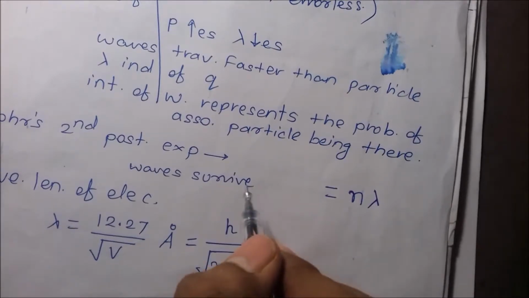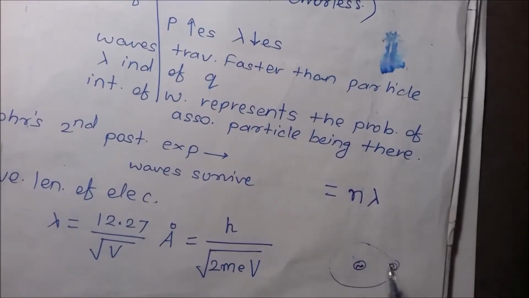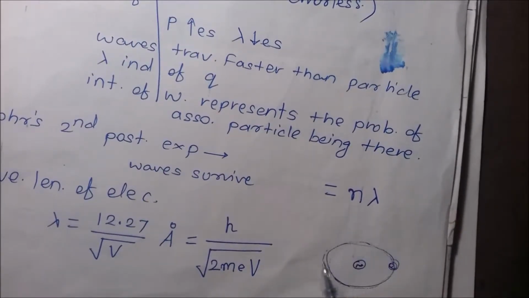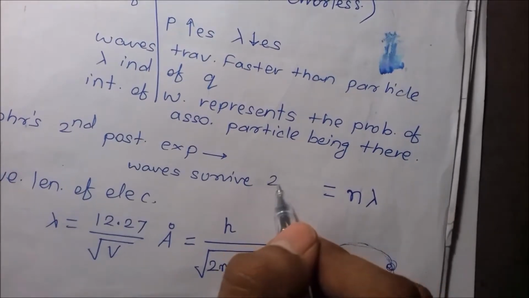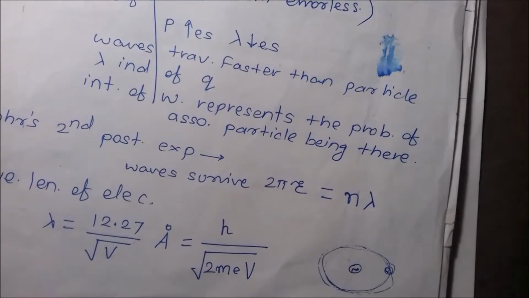So entire path for electron, this is nucleus. For entire path of electron, means circumference, that is 2 pi r. So 2 pi r is equal to n into lambda.